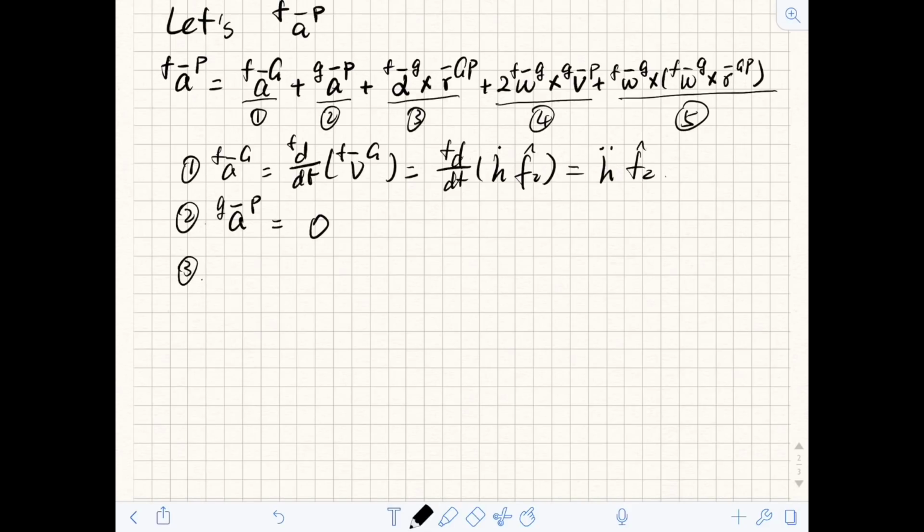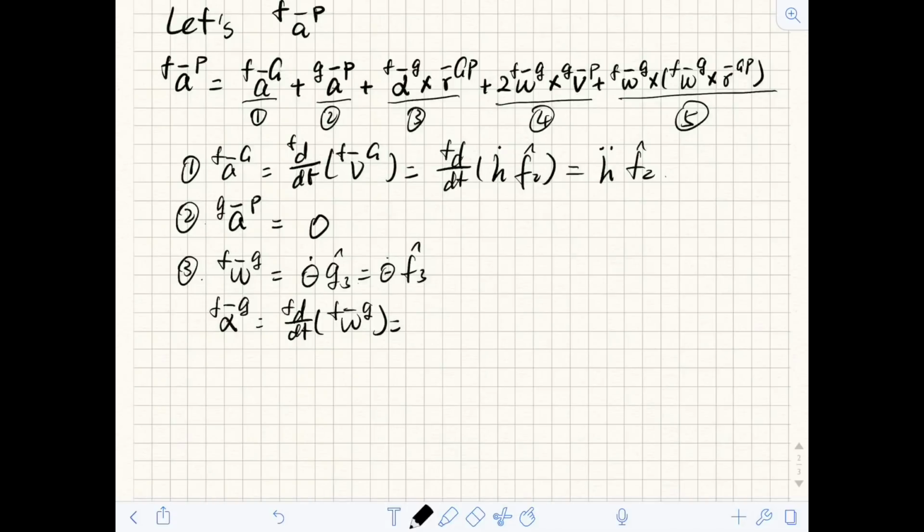Now the third term. We know the angular acceleration is the derivative of the angular velocity. We have the angular velocity as theta dot G3 or theta dot F3 from earlier. The angular acceleration is merely the derivative of the angular velocity, which is theta double dot F3.